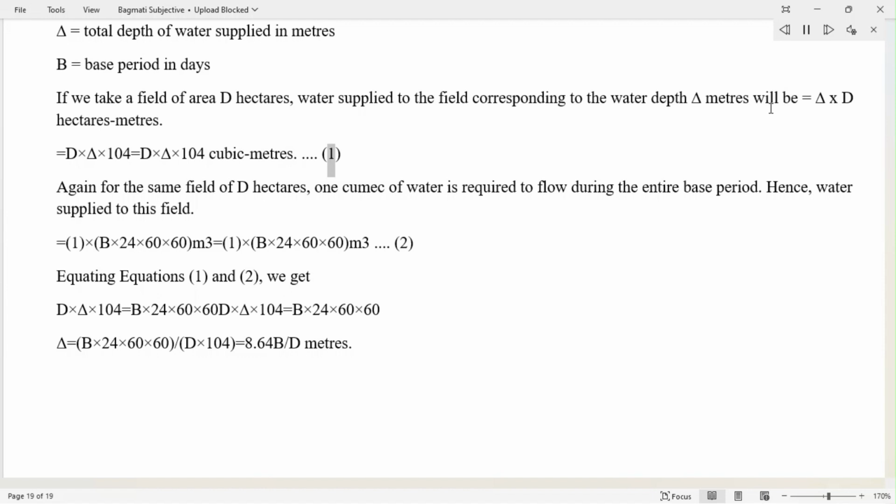Again, for the same field of D hectares, 1 cumec of water is required to flow during the entire base period.